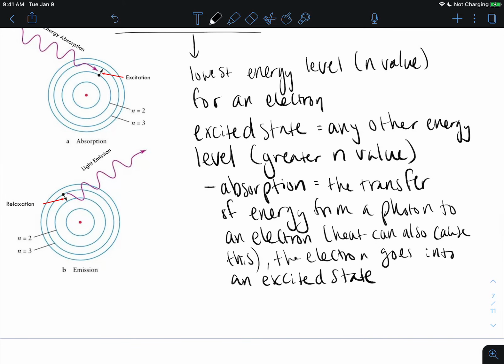We also have emission, where emission is when we relax back down and release a photon or phonon.